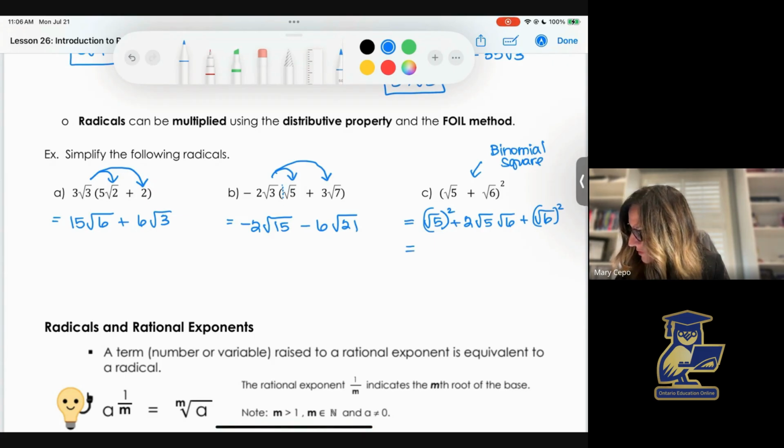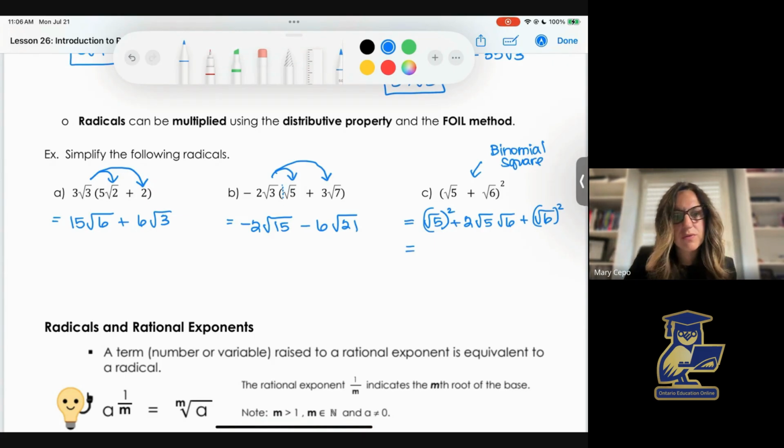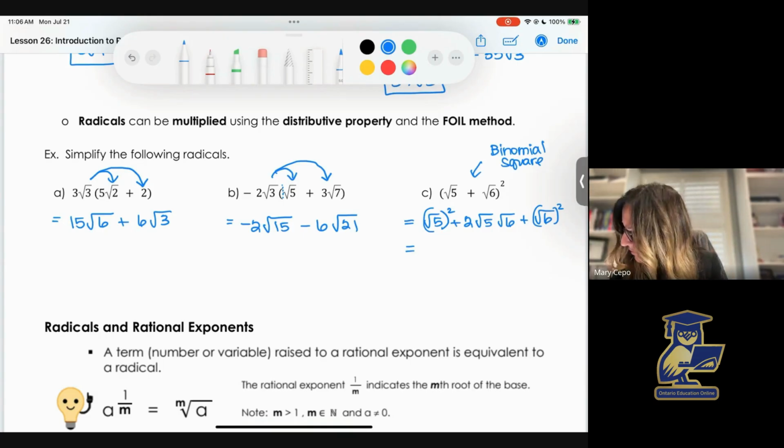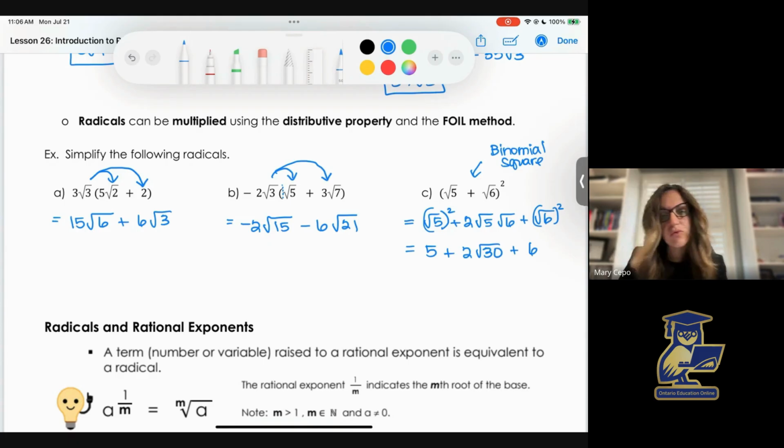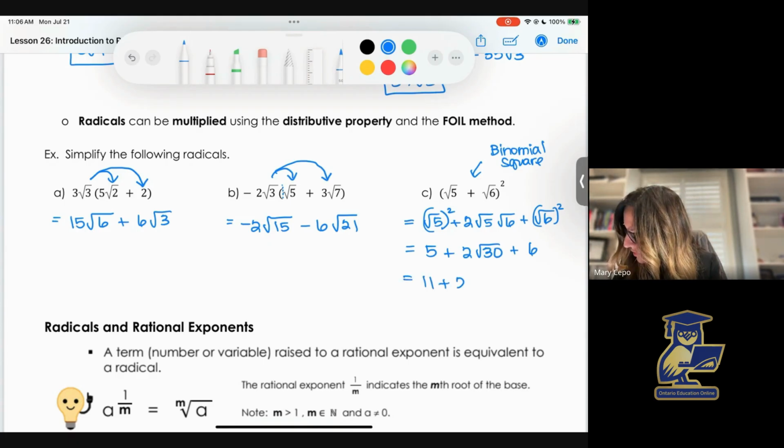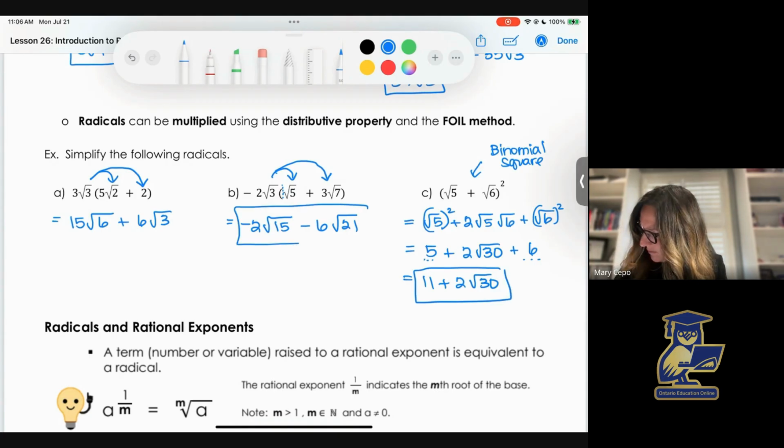Okay, so root 5 to the power of 2, remember, those would just cancel out, so we're left with 5 plus those radicals get multiplied, root 5 times 6, which is 30, plus 6. So 5 plus 6 we can simplify, so this becomes 11 plus 2 root 30, because these are like terms. There we have it.